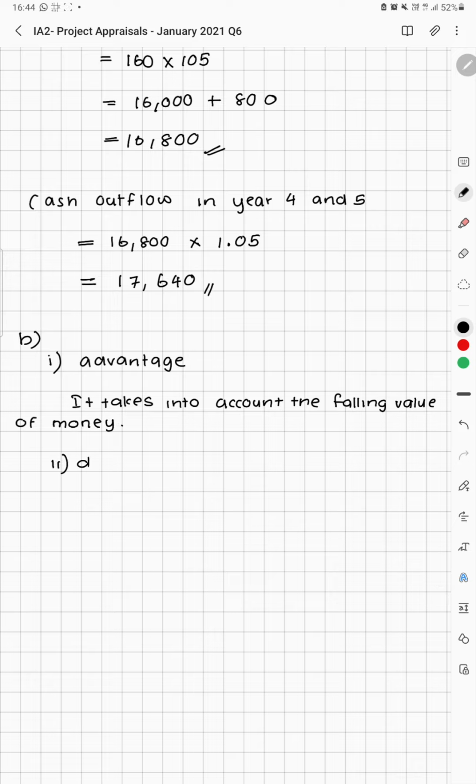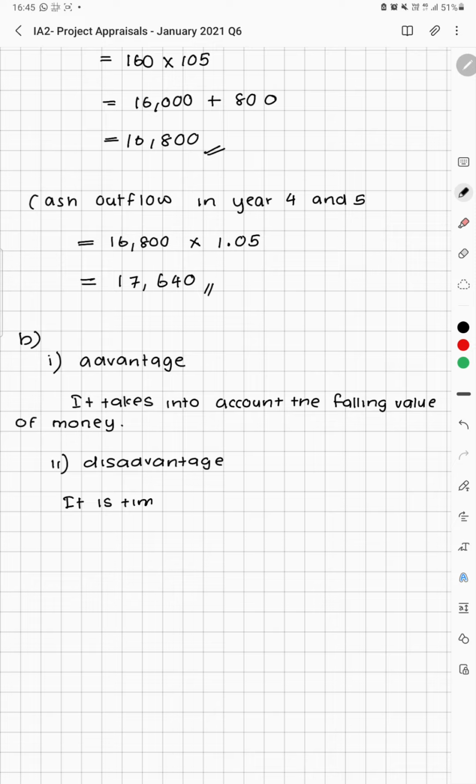Next part, a disadvantage. A major disadvantage of using net present value is it is very time consuming and takes a lot of calculations into consideration.